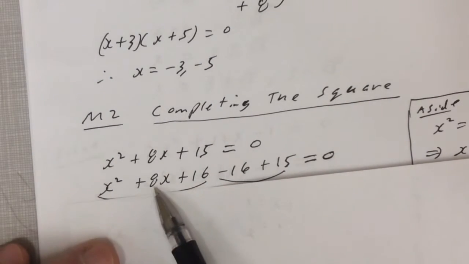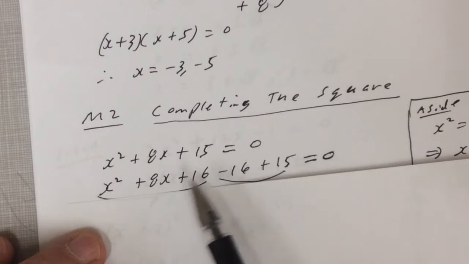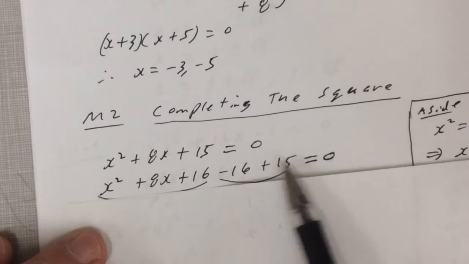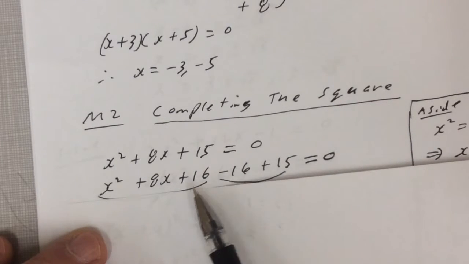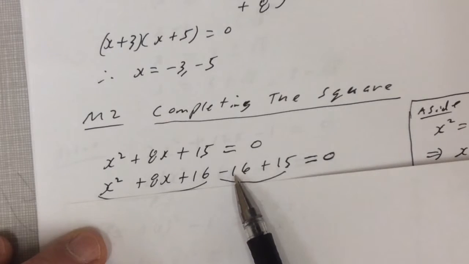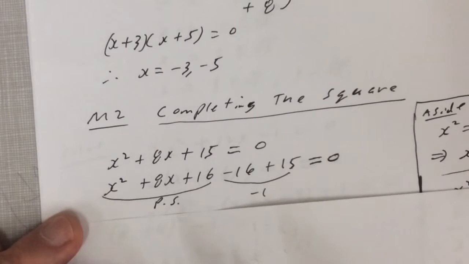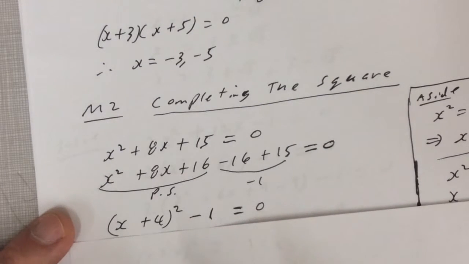If we take half of 8, it's 4. 4 squared is 16. Now we have a perfect square. We've got the 15 still there. In order to keep it the same as the previous one, we want to subtract 16. So that's keeping it equal. Perfect square, keeping it equal. And we've got this. So now we've completed the square.